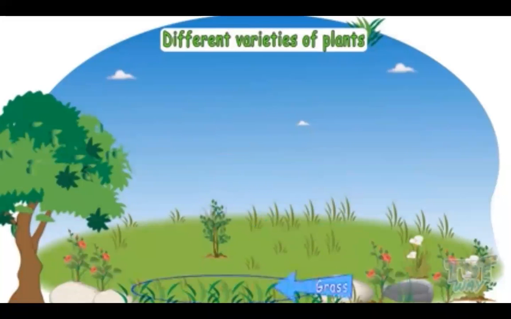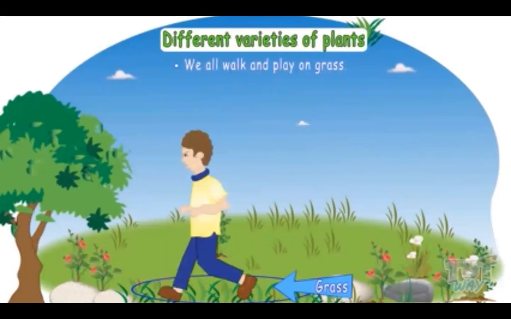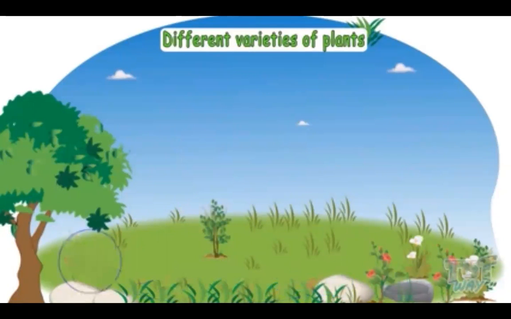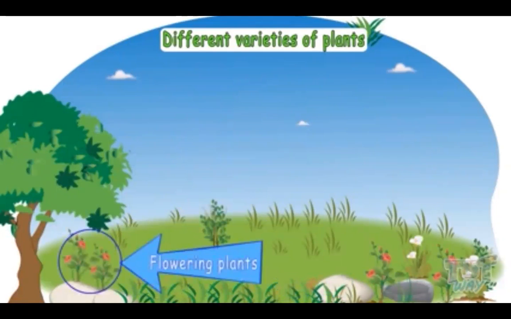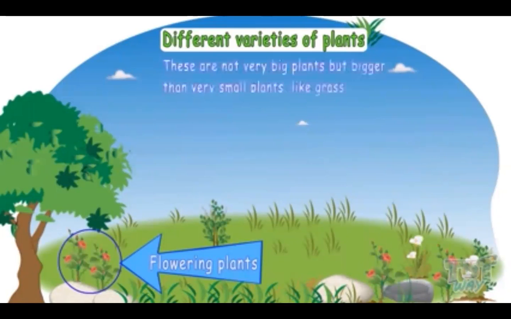This is grass. We all walk and play on grass in the garden. These are very, very small plants. These are flowering plants. These are not very big plants, but bigger than very small plants like grass.